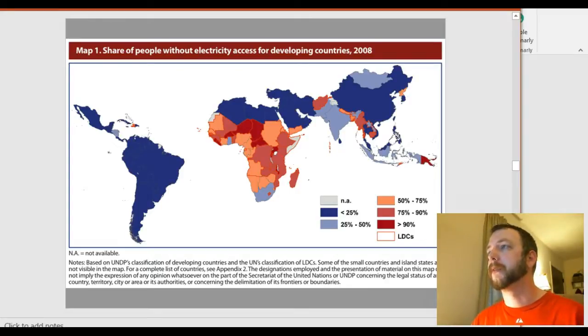So you see a lot of African regions. This country up here is Afghanistan. Places like Burma or Thailand are struggling with it. North Korea struggles, of course. In the Western Hemisphere, it's pretty much just Haiti that's really having trouble participating in the international world because of their lack of electricity.